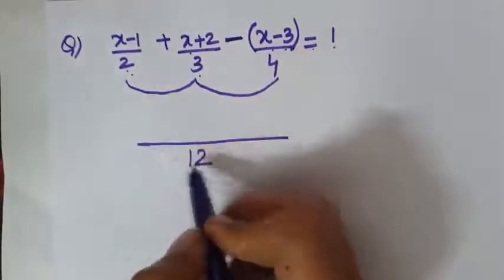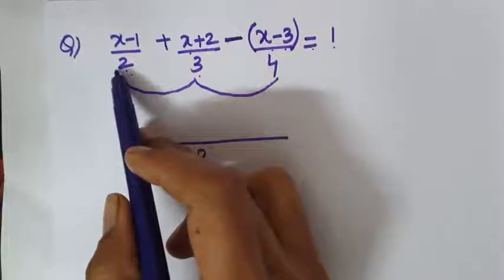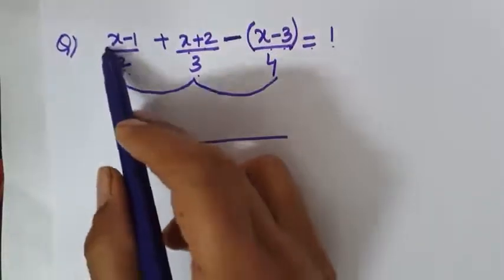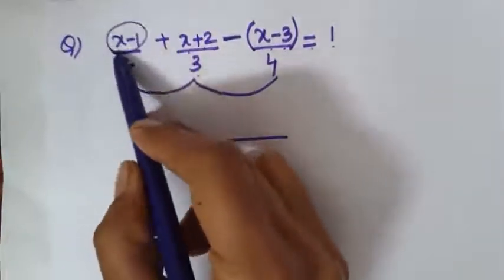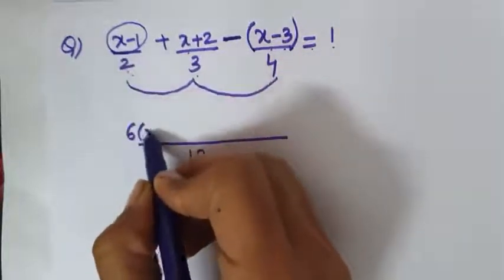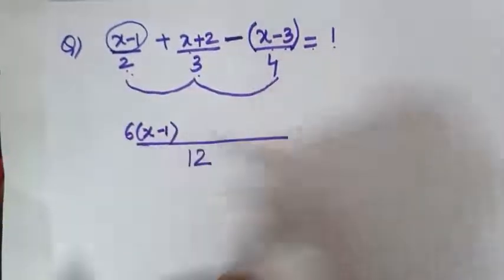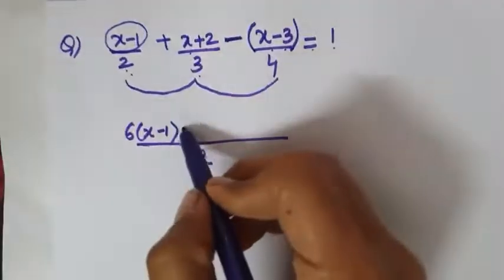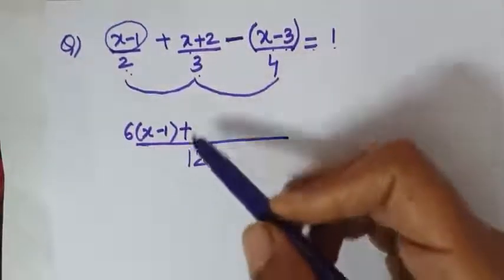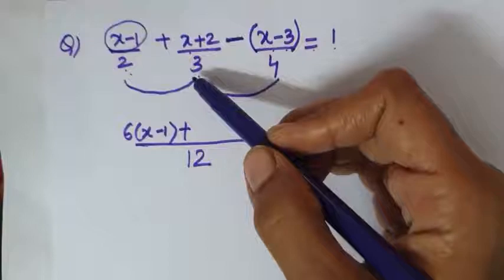And 12 divided by 2 is 6. And 6 will multiply with this whole number, that is 6(x minus 1) plus 12 divided by 3 is 4.